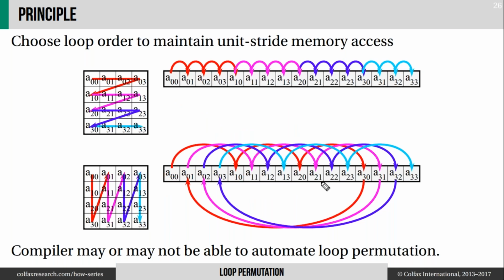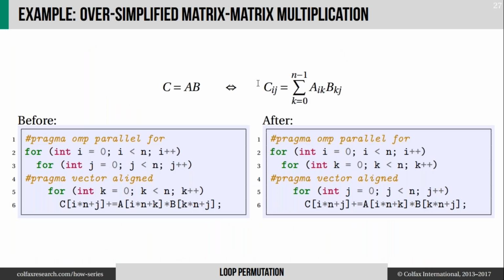The compiler is actually trained to recognize opportunities for loop permutation, and it is trained to look for unistride access. But sometimes the compiler may not be able to permute loops for you. This might happen if loops are not perfectly nested, or if you're using OpenMP.